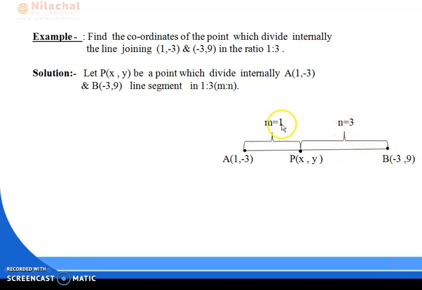That means m equals 1, n equals 3. Let P be the point whose coordinate is (x, y). So x1 is 1, y1 is -3, x2 is -3, y2 is 9.